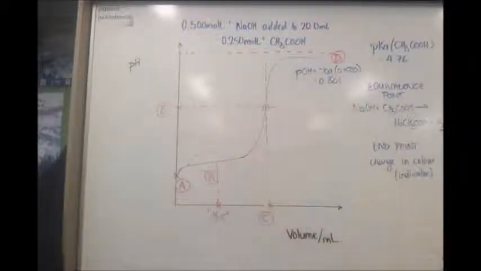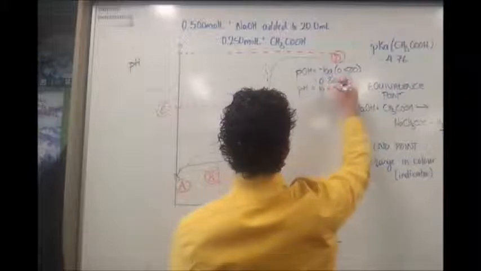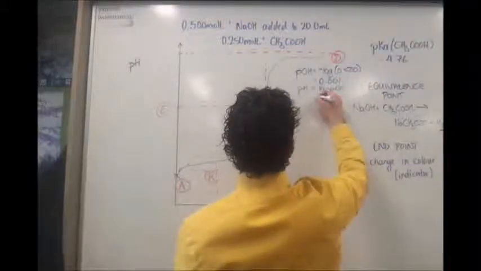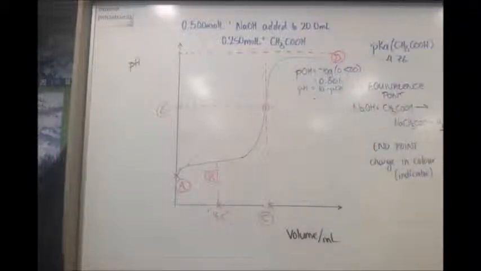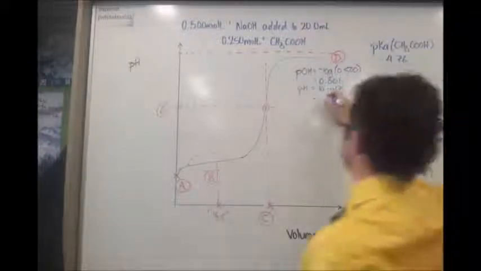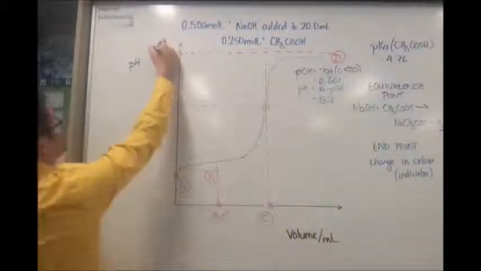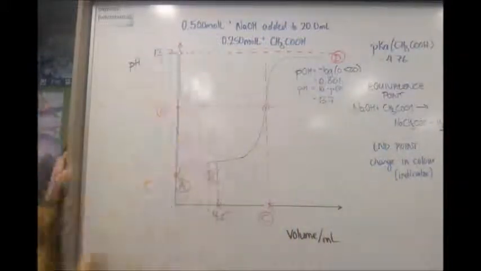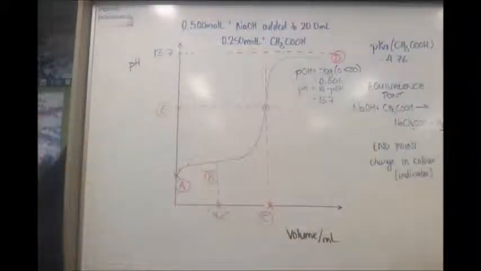Which means that my pH is 14 minus that, because 14 is pOH plus pH. And so I get 13.7 to three significant figures. So therefore I can put that on this graph. And I've got my first achievement criteria done. So all that is finding the pH of the strong base.